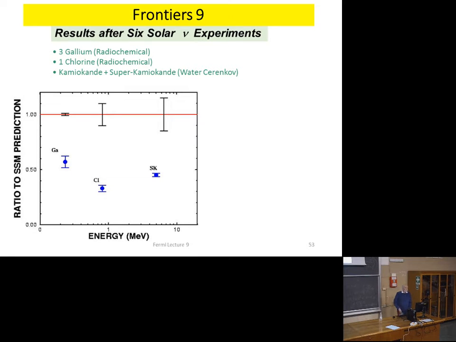There were 6 different experiments around the world that were done, different techniques and so forth. 3 of them using this gallium that I showed you, 1 using chlorine, that was the cleaning fluid that I showed you. The last one used water Cherenkov counters that was able to image. All of them gave a signal that was somewhere between 1/3 and 1/2 the number of neutrinos that were emitted. So this was the discrepancy that we had.